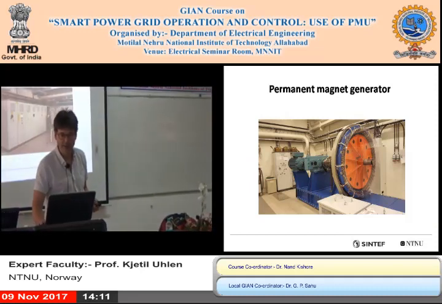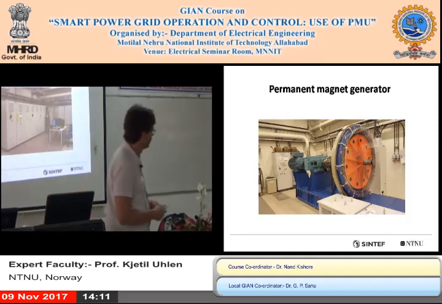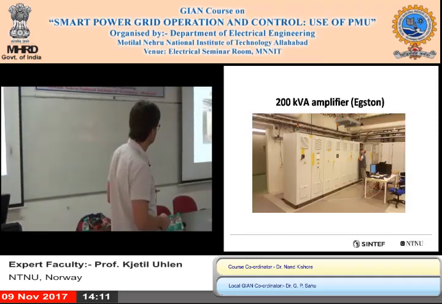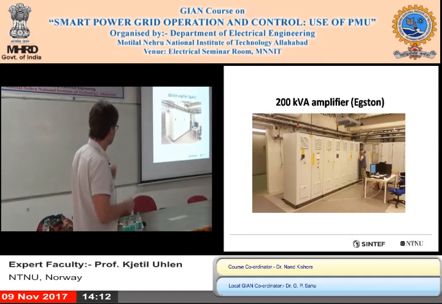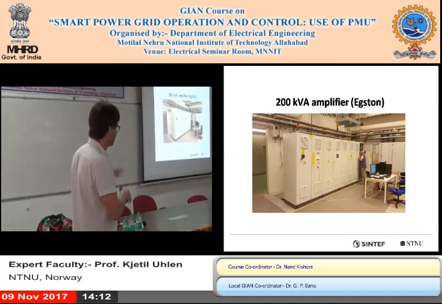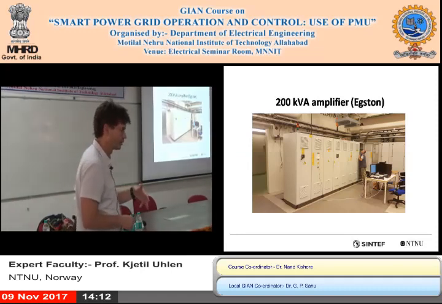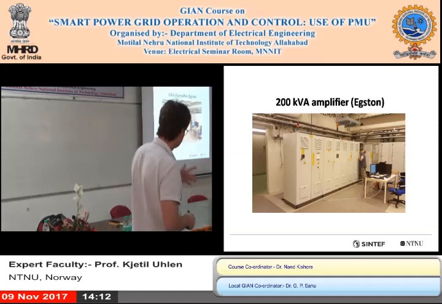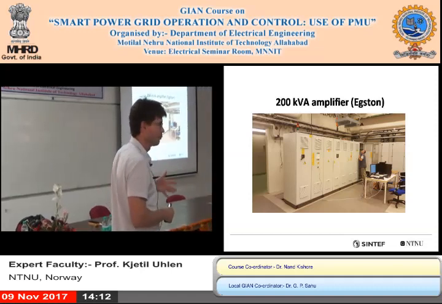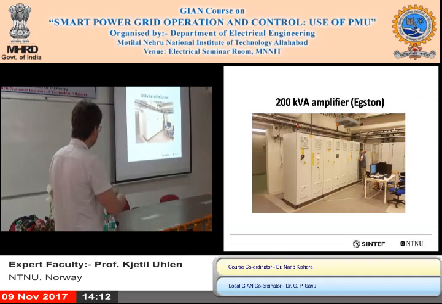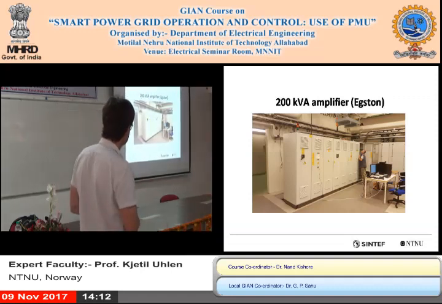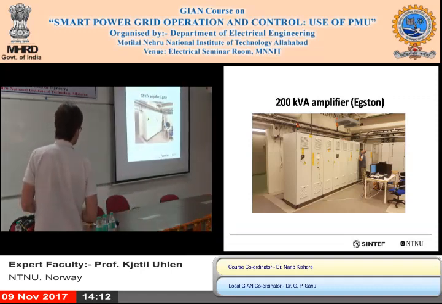And this is the controllable amplifier. That is a very handy equipment because we can program any kind of voltage source, whether it be a smooth source or a source with a lot of harmonics or with pulsations or whatever can be programmed on this one.